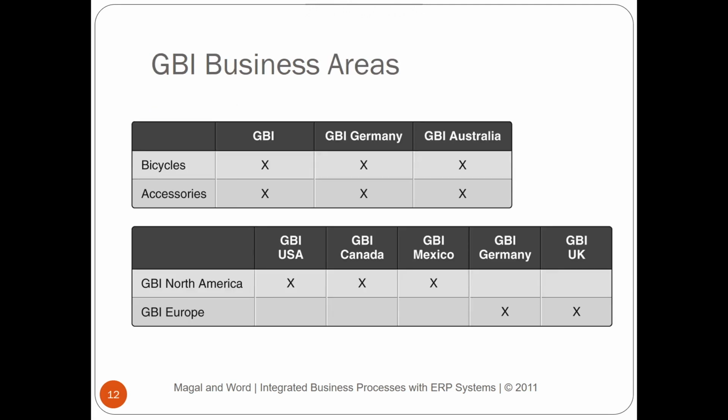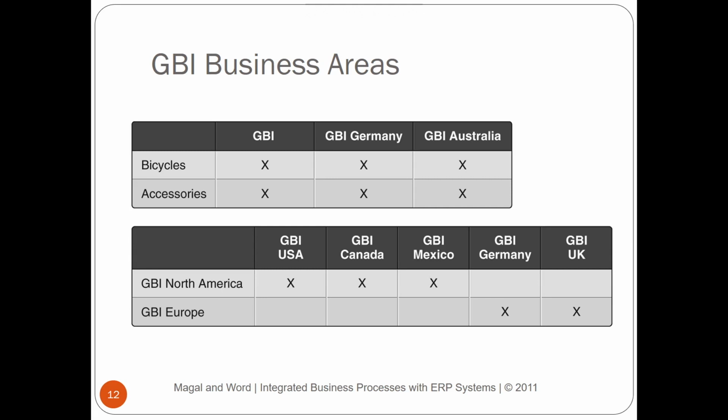So in this table, it shows two business area scenarios for GBI. The upper part of the figure identifies the three companies within the GBI enterprise: GBI US, GBI Germany, and GBI Australia.